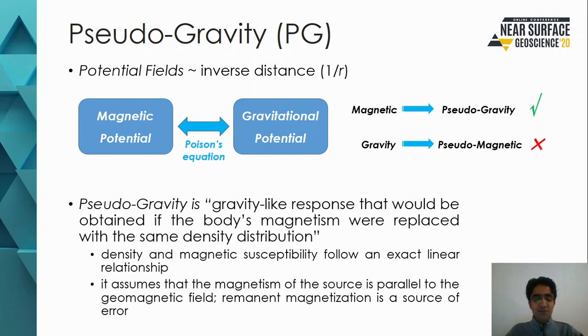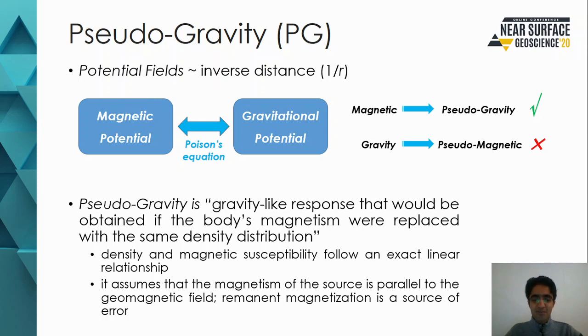So the pseudo-gravity is a gravity-like response that would be obtained if the body's magnetization were replaced with the same density distribution, i.e. the magnetic susceptibility and the density follow an exact linear relationship.